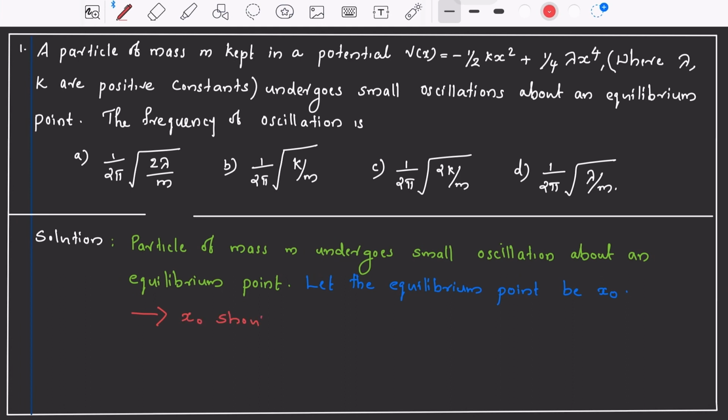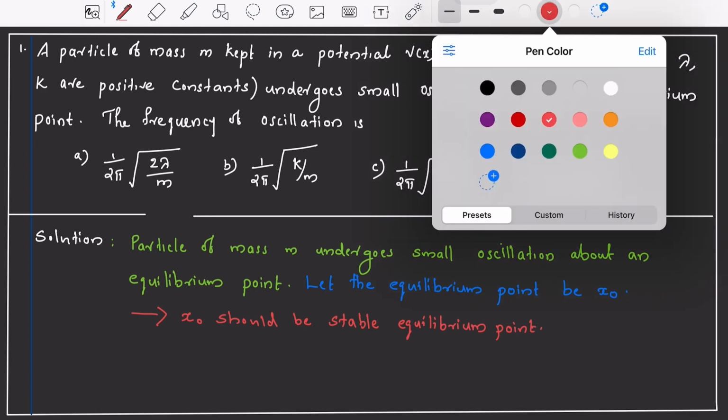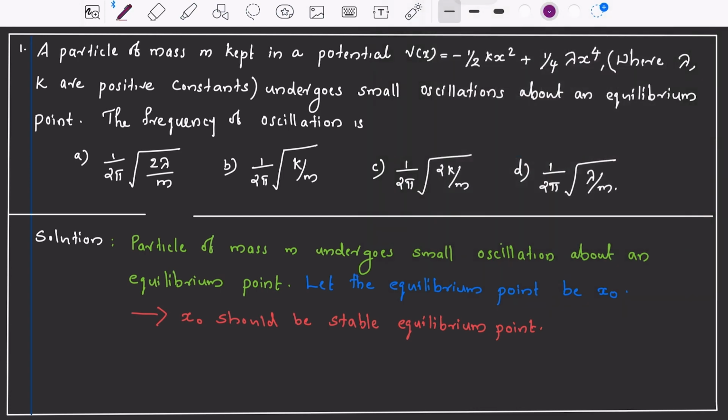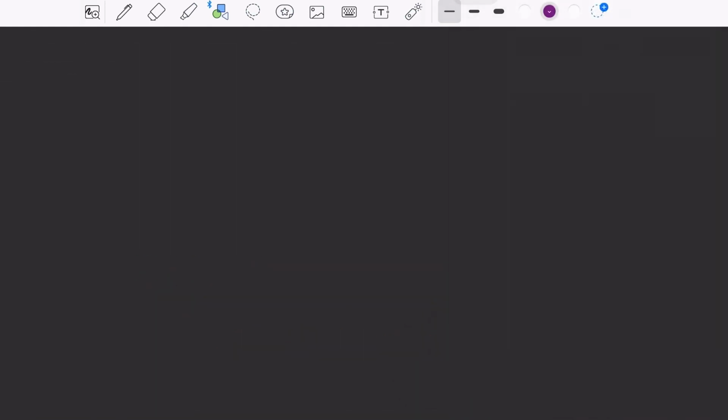Then only the oscillations are possible about that equilibrium point. So what is stable and what is unstable equilibrium point? We can classify equilibrium as stable and unstable equilibriums.